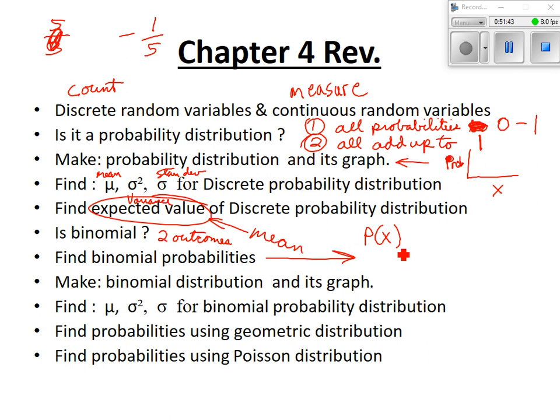This is for binomial, yes. That's how you find the probability in a binomial.